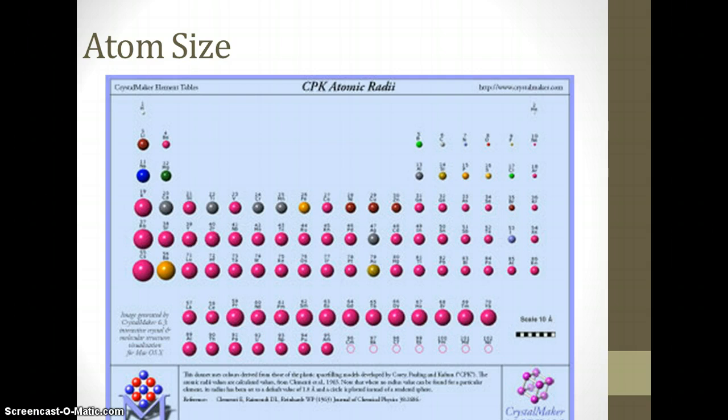Okay. Now, as we look down a group, or a column, we see that the atom sizes start to get larger. Let's talk about that. The reason is that as you go down a group, we're also increasing in our energy levels. And as those numbers increase, we get farther away from the nucleus.